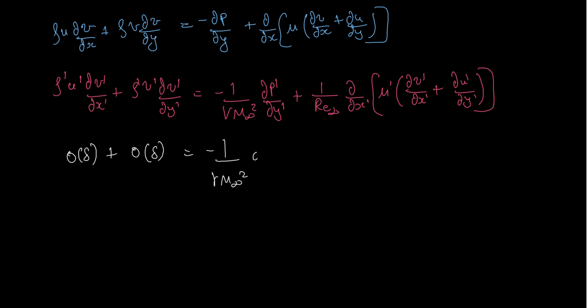We don't know the order of this term, dou p by dou y, which is the vertical pressure gradient, the static pressure gradient, order of delta squared times order of delta plus order of 1 by delta.